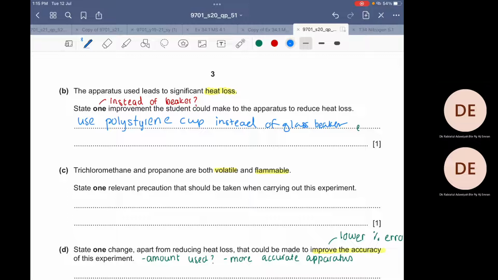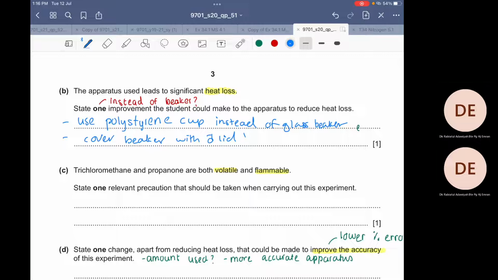And then they also accept that they want to reduce heat loss. You can use a lid, okay? You can also cover the beaker with a lid. And the last one that they accept is you only need one to insulate the glass beaker. So usually you insulate by wrapping around the glass beaker so that the heat loss is minimal.